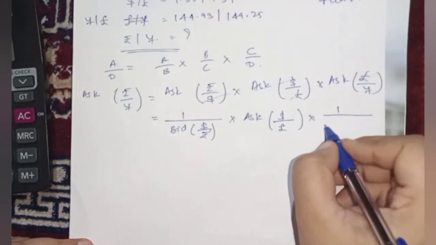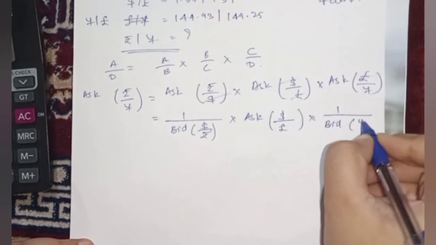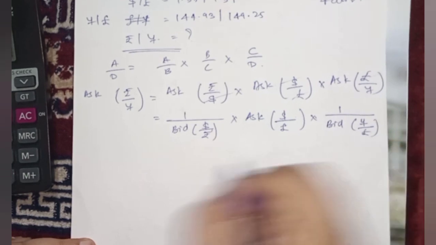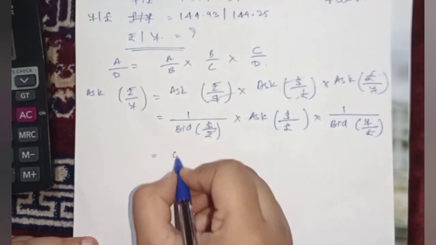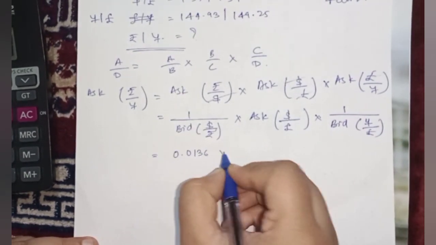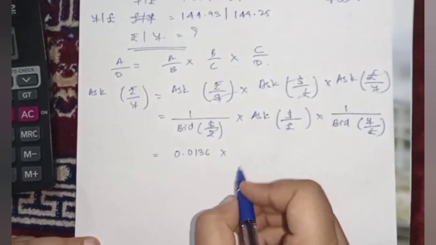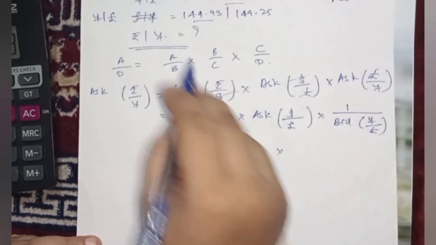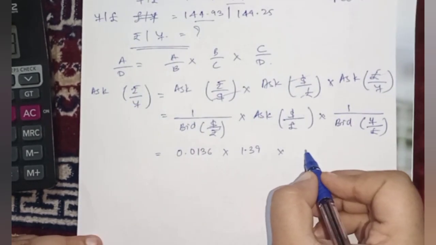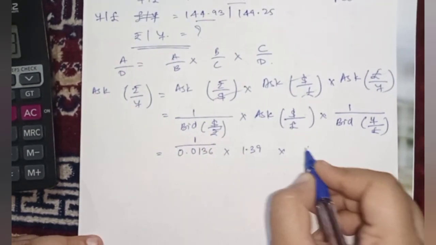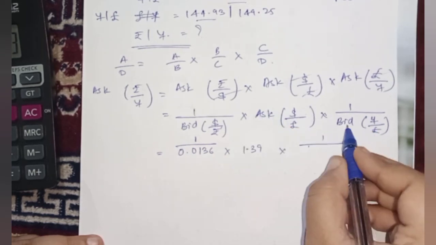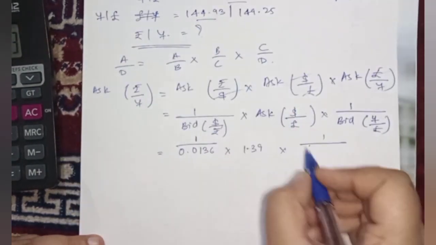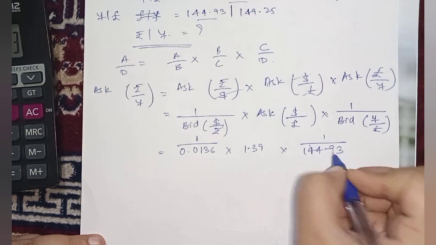That will be 1 upon bid of yen upon pound. So the values will be 0.0136 multiplied by ask of dollar per pound, that is 1.39. These are the values we will take in while finding the ask rate. This will be 1 upon bid of yen per pound, that is 144.93.